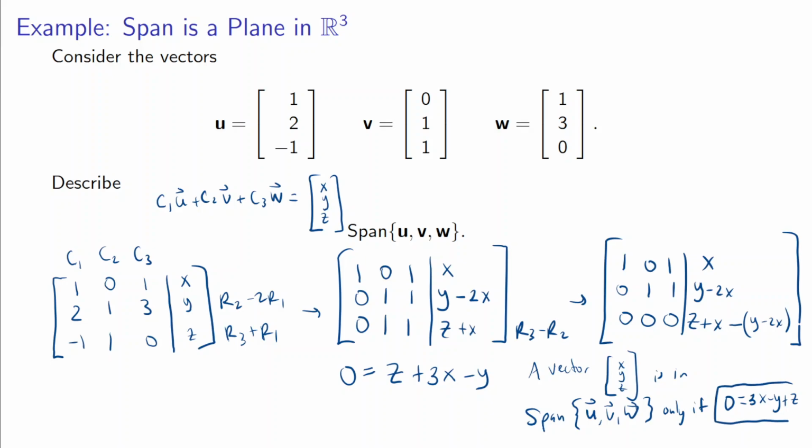So this is a relationship between those components of that vector x, y, z. We need 3x minus y plus z to equal 0.